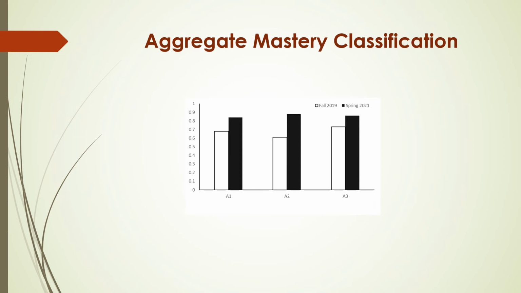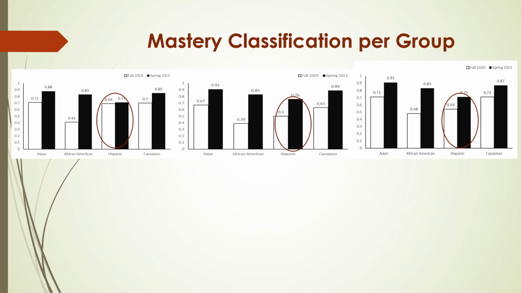So as we can see in the graph here, the overall mastery performance classification is quite similar to the one obtained using the full measure, in the sense that we see an increase in mastery performance across the semesters in all the wellness goals. For the classification of each racial or ethnic group, we also see an overall increase in mastery performance across the wellness goals.